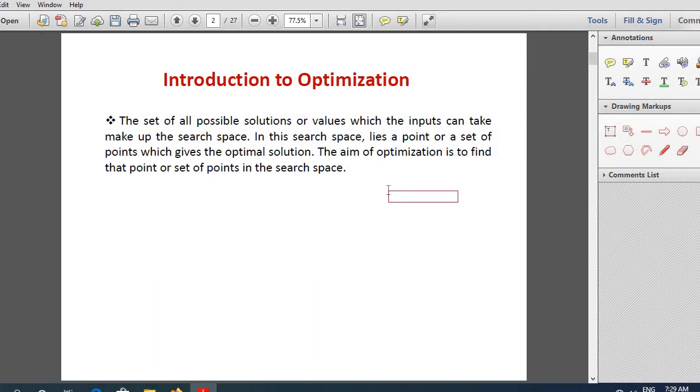I told you the inputs you can give are, say, temperature. Just imagine that your temperature can vary from some 20 to 50. That is the temperature range that you need to choose.